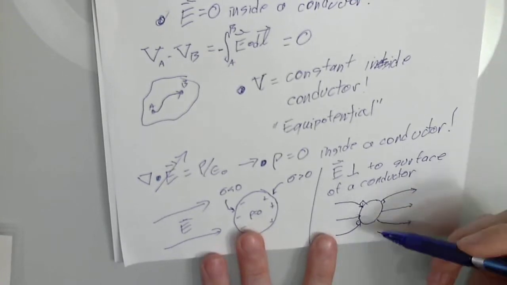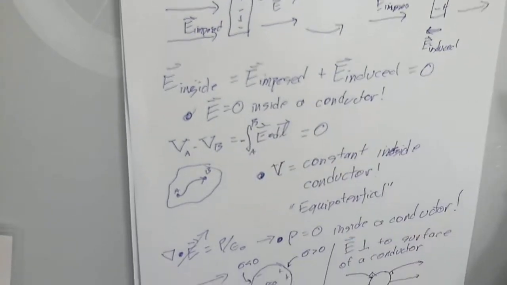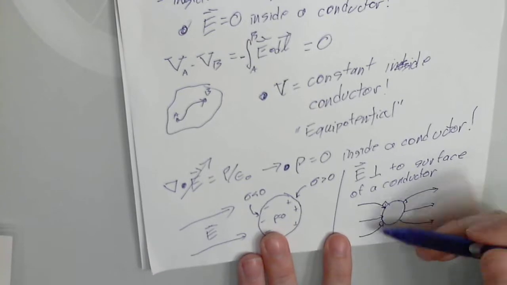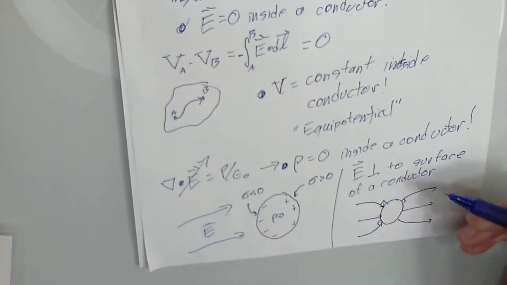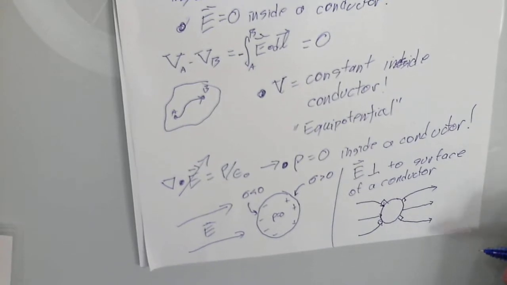All right, this cancellation that I was talking about earlier, that eliminates the electric field, only works on the inside of the conductor. Outside, there can totally be an electric field, but it is constrained to always be perpendicular to the surface. Why is that?